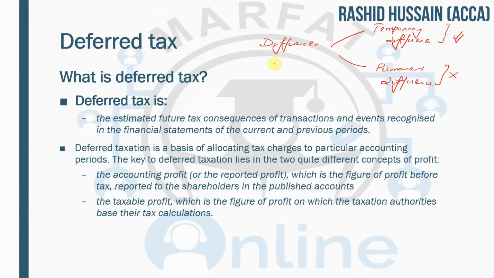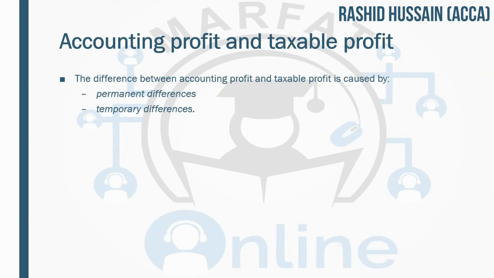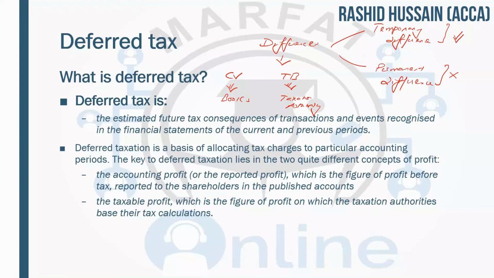And these differences are actually the difference between the carrying value, which is the amount in your books, and the tax base. The tax base is the amount in the books of the taxation authority, or you can say the tax base is the amount that will be considered for the taxation purpose.